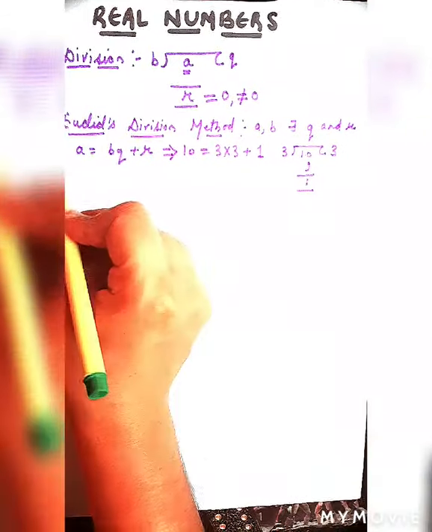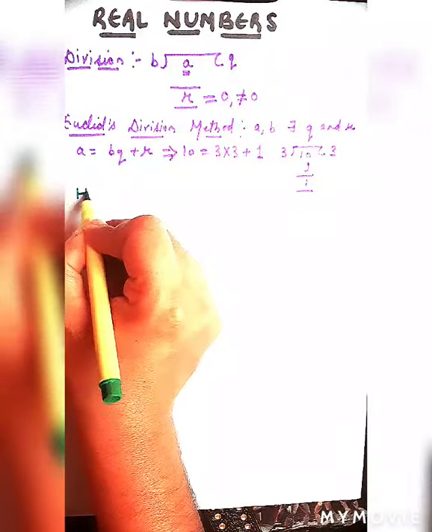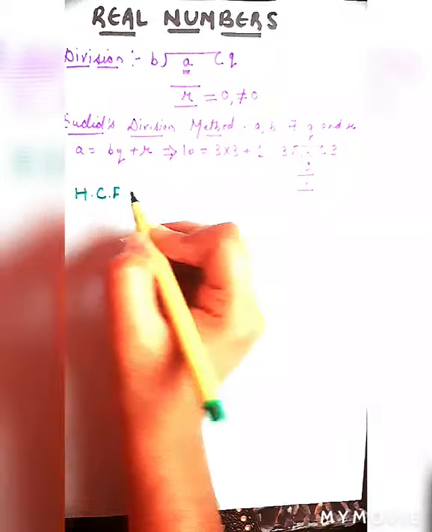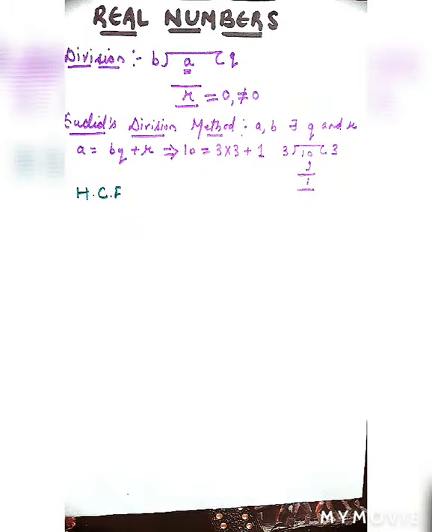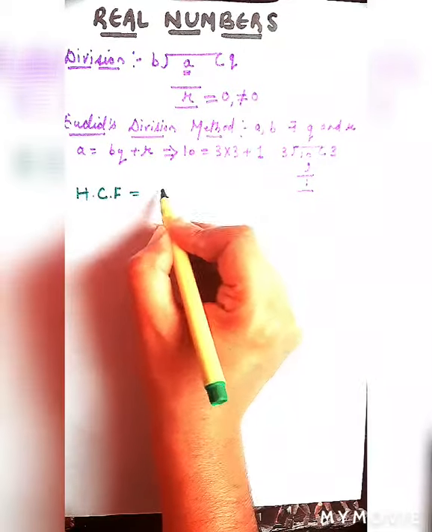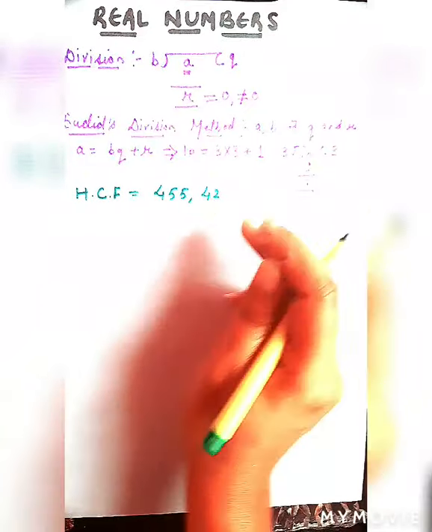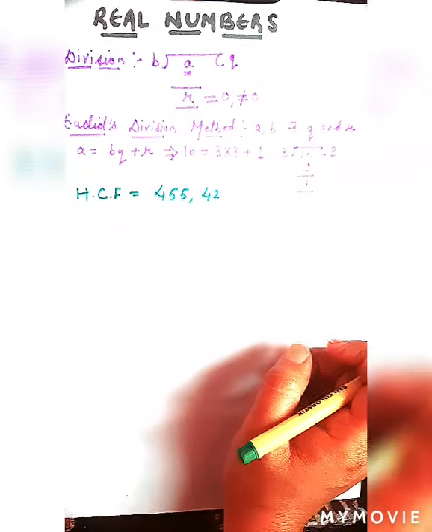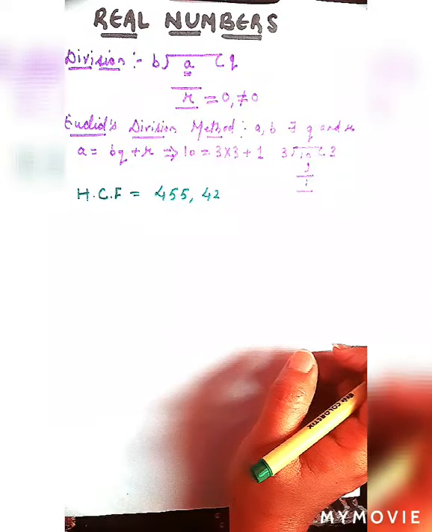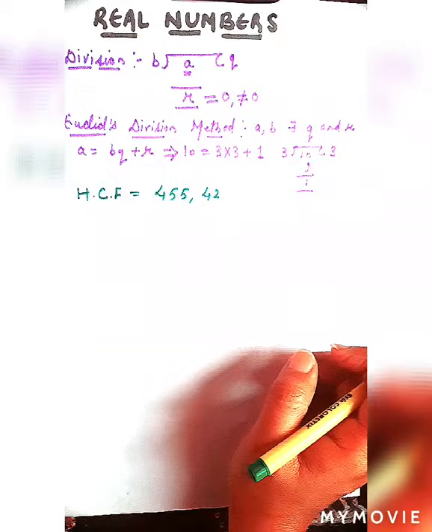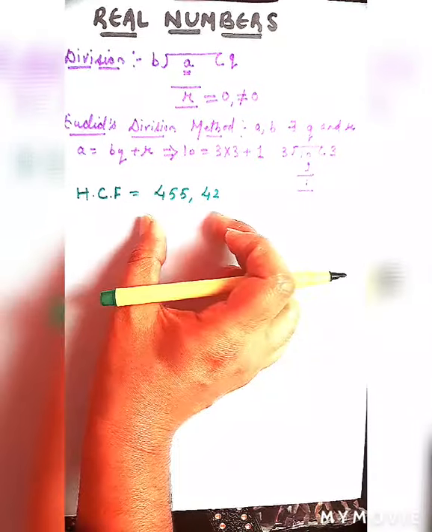What is highest common factor? I will take an example in order to explain it. Let us consider two numbers, 455 and 42. By following this theorem, I want to find the highest common factor of these two numbers.